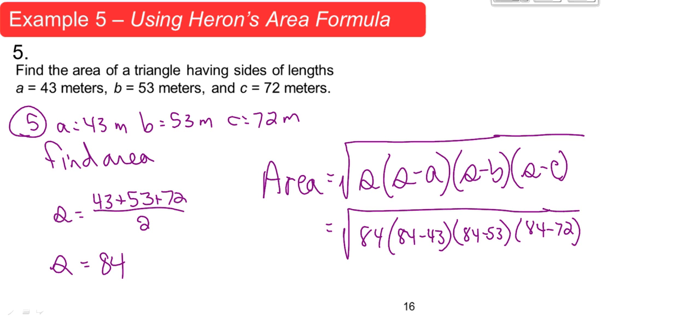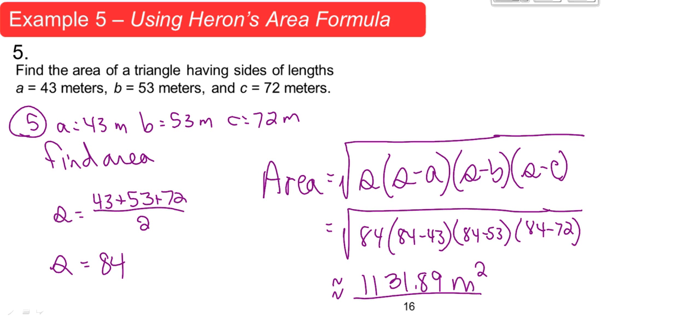And then really you just type that in your calculator and see what it gives you. We will round to 2 decimal places, and so the area is approximately 1,131.89 square meters, meters squared as we look at that.